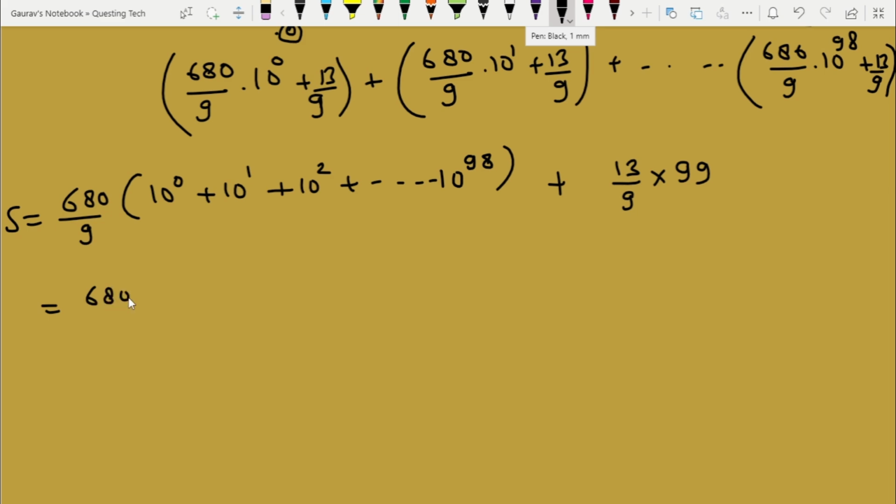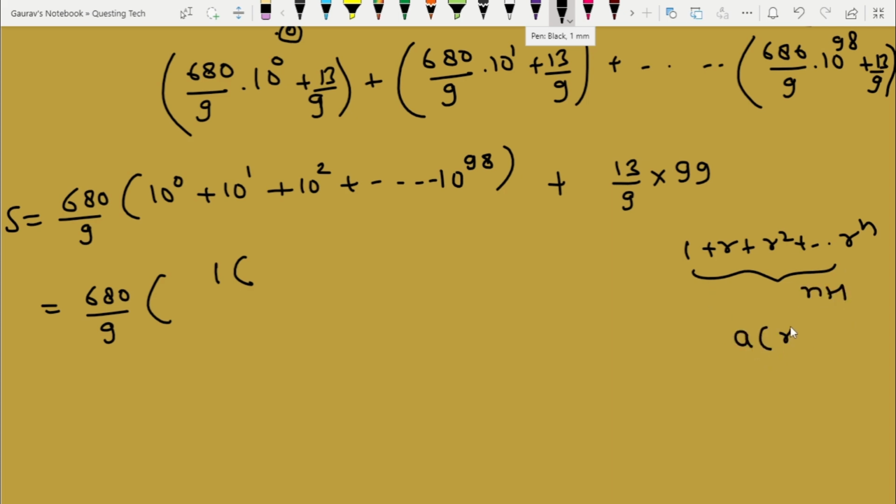So this is 680 divided by 9, and this summation is the sum of a GP. The first term is 1 multiplied by, what is the sum of a GP? Like the GP is like this, n plus 1 terms are here. So how do we find the sum of this? 1 multiplied by r raised to n plus 1 terms, minus 1, divided by r minus 1.